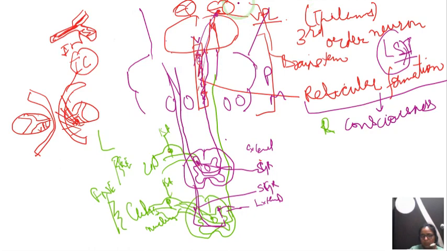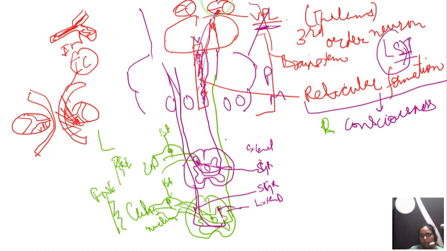It terminates in the VPL nucleus of the thalamus. While ascending, after taking origin from the dorsal root ganglion to the dorsal gray horn, it crosses to the lateral column, then ascends upwards through the medulla, pons and midbrain, and reaches the thalamus, the VPL nucleus.